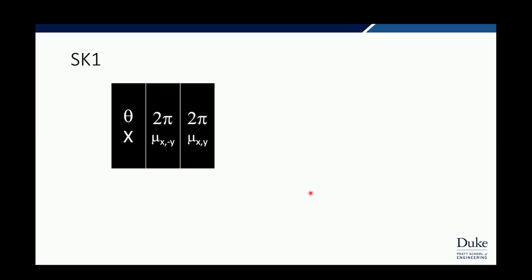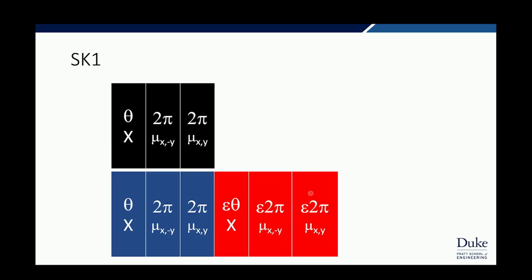And so we just do our same rule. We take SK1. These are the pulses we like to apply. I write them out. I pull all the errors to the side. And then here's where the control comes in: I control the phase of these control pulses so that this part goes to first order to identity.